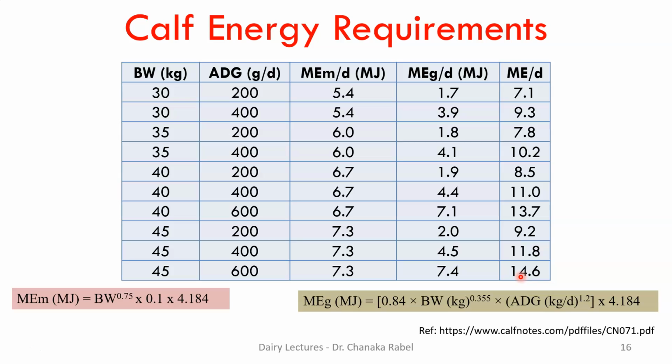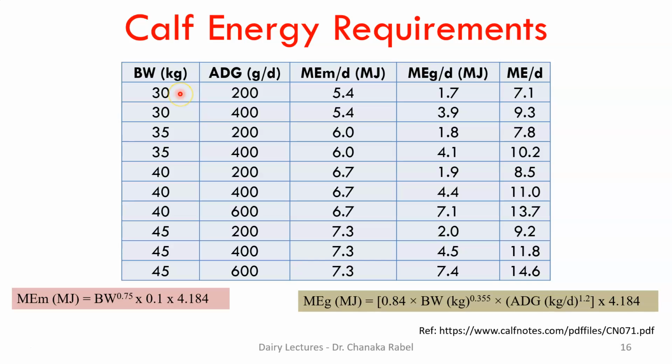So we will do some calculations, and then this will become clearer to you, right? So right now, let's say a 30 kilogram animal, as soon as it's born, is gaining weight at 200 grams per day. The requirement is 7.1, right?